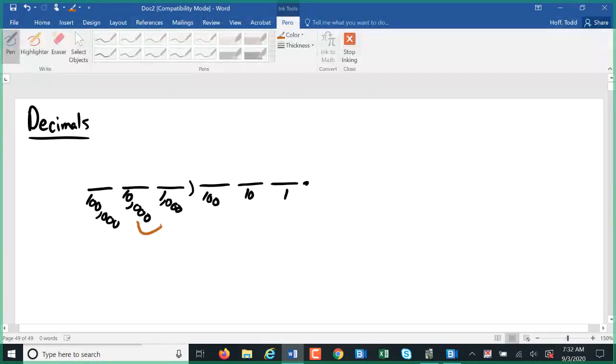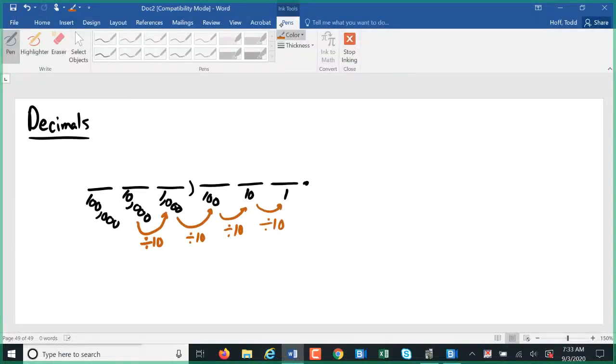Anytime I move one place value to the right, the value of that place is divided by 10. 10,000 divided by 10 is 1,000. 1,000 divided by 10 is 100. 100 divided by 10 is 10, and on down the line.